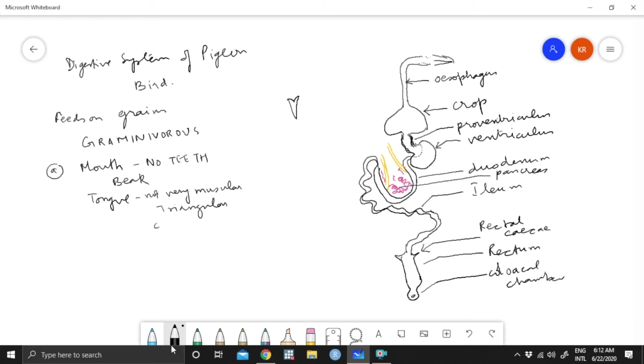Triangular, and it has some taste buds. In this part there are also some salivary glands. So you can say B, salivary glands.